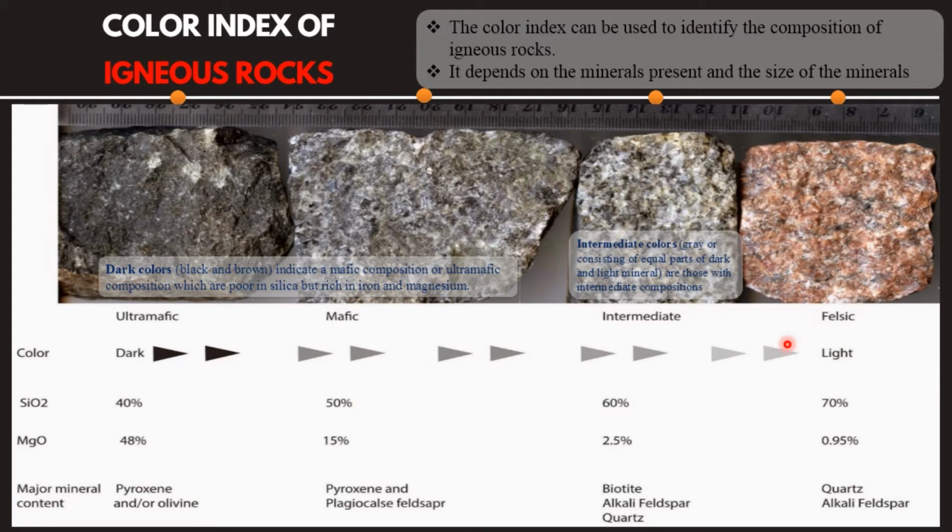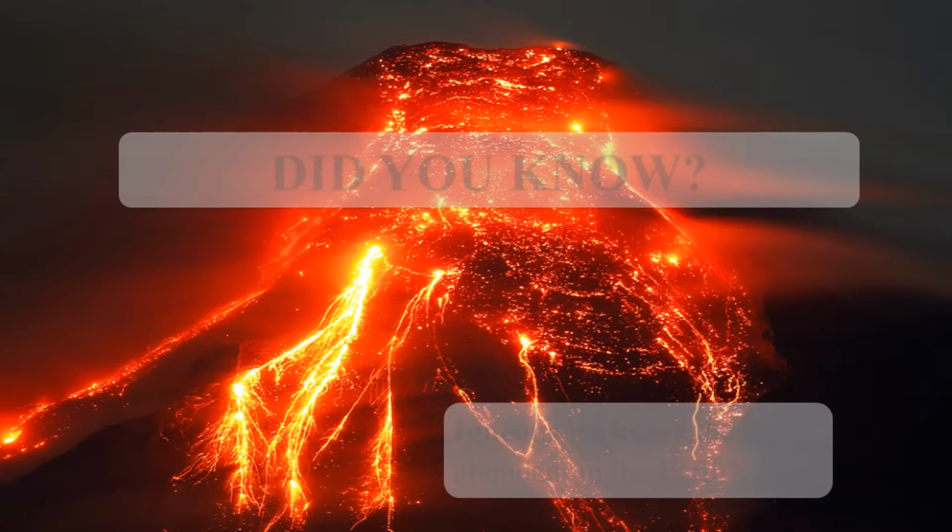And the last one, we have the felsic composition that exhibits light color. This can be white, light gray, tan, and pink. Again, these are the general composition of rocks, specifically the igneous. Ultramafic is the darkest. We also have the mafic, intermediate, and then the felsic, which is the lightest color.